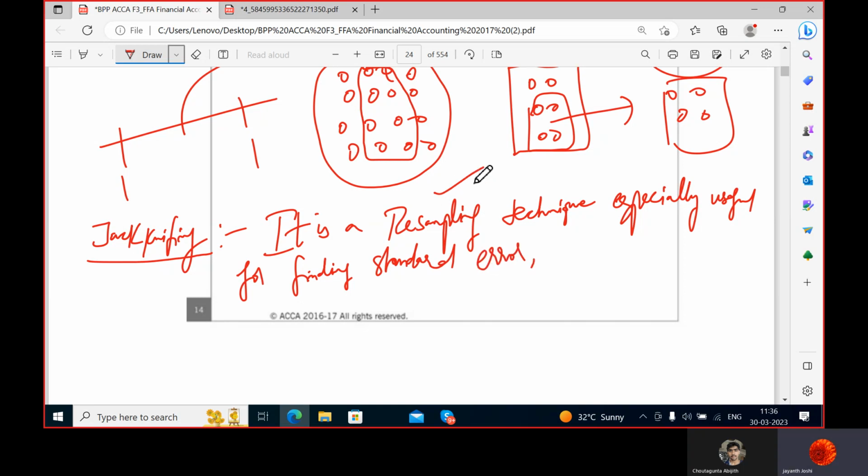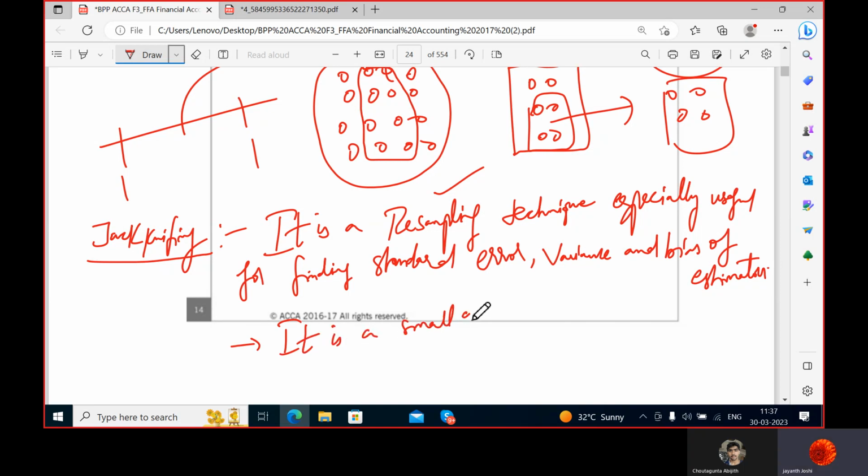That means, with the resampling technique, we again collect samples to find the errors, the variance and the bias of estimators, that is, of the mean we have already calculated. It is a small and handy tool.